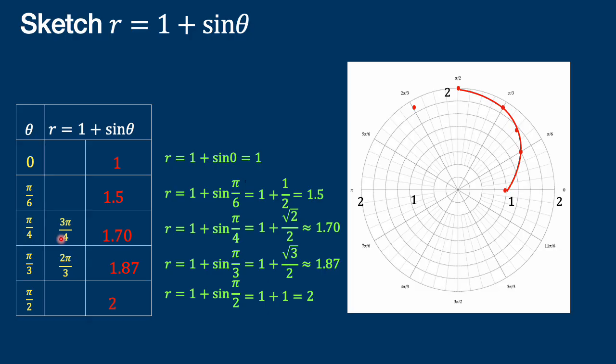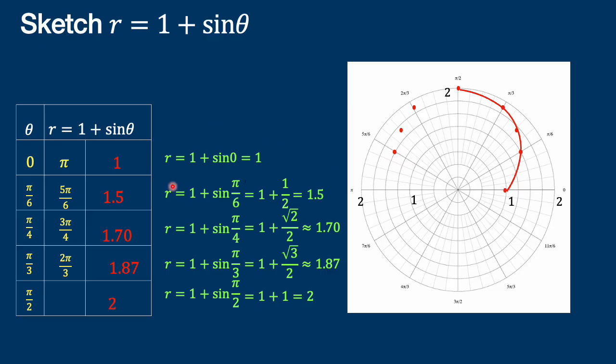Sine 3 pi over 4 and sine pi over 4 have exactly the same value, 1.70. You plot here. Sine 5 pi over 6 and sine pi over 6 have exactly the same value, r is 1.5. You're going to plot here.